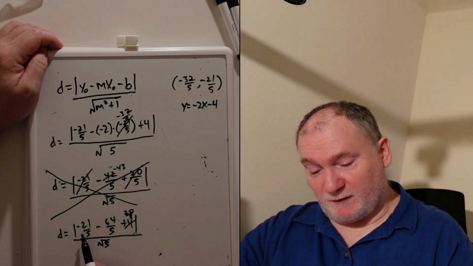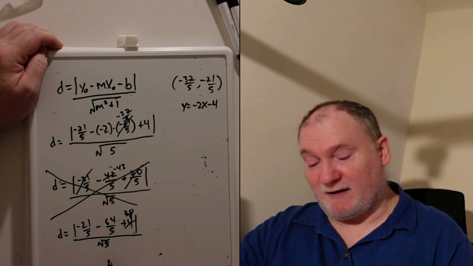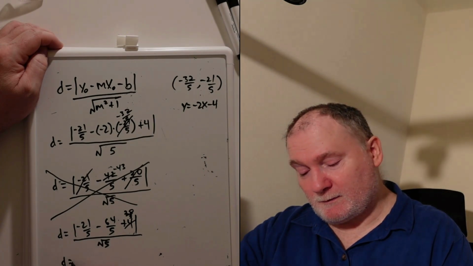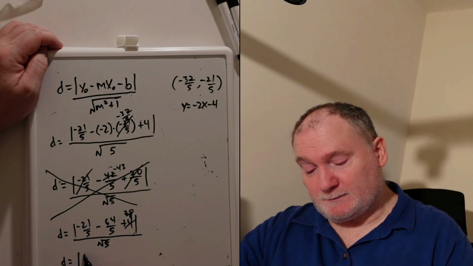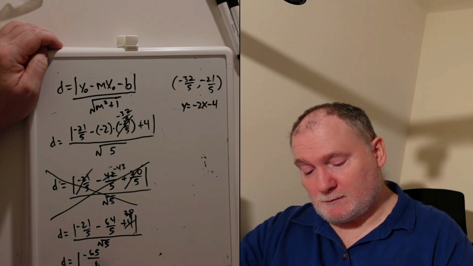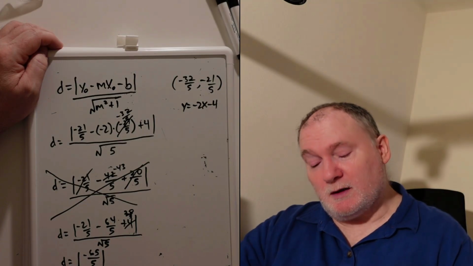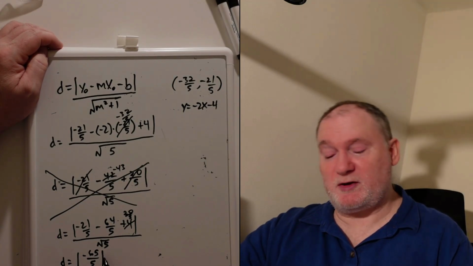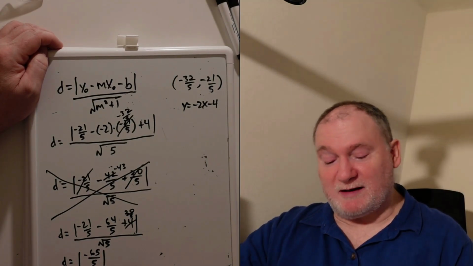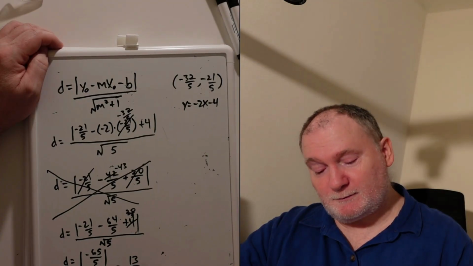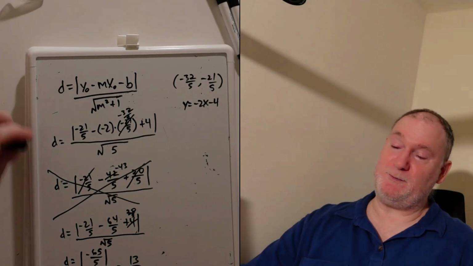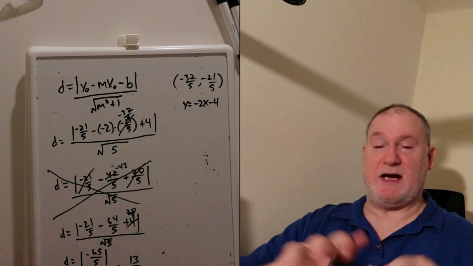So I get negative 1/5, which gives me negative 65/5. This is equal to negative 13, and when you take its absolute value, you get positive 13. And now it worked out. So it checked.